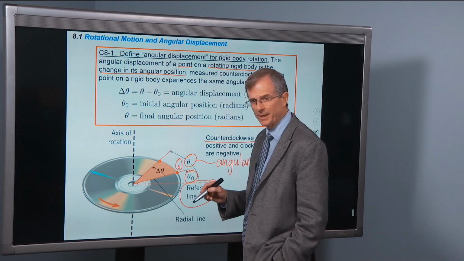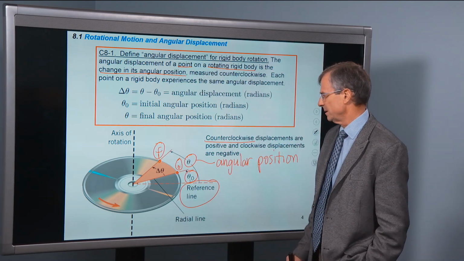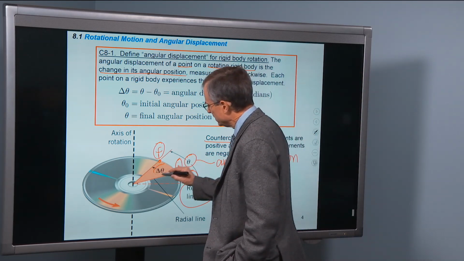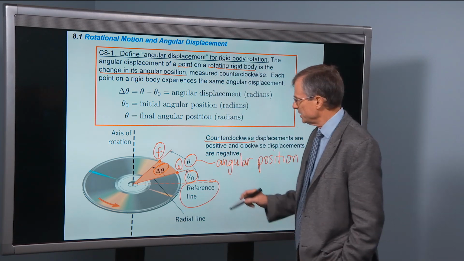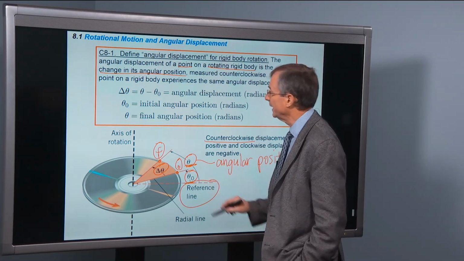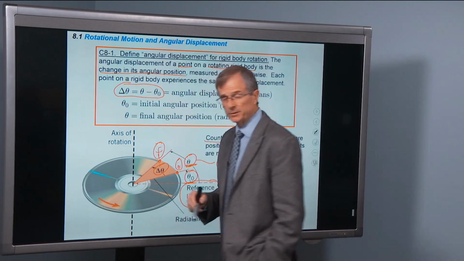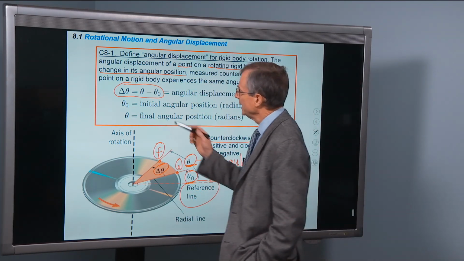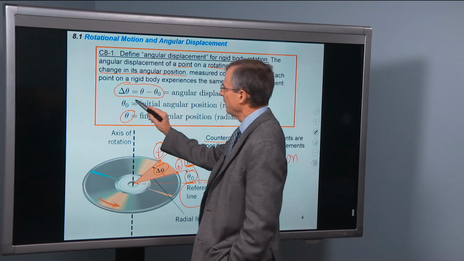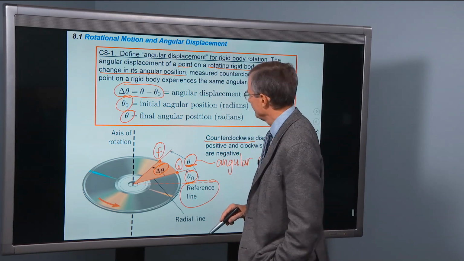That's an i if you can't read it. And this is our final position of that point on the rim of the CD. And the angular displacement, delta theta, is the final angular position minus the initial angular position. So this is delta theta. Delta means final minus initial in the usual way. It's the final position, theta, minus the initial angular position, theta naught.